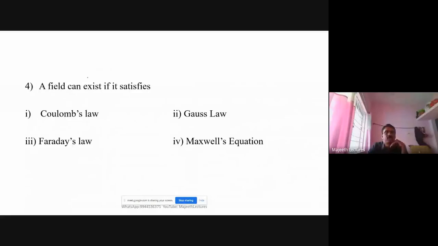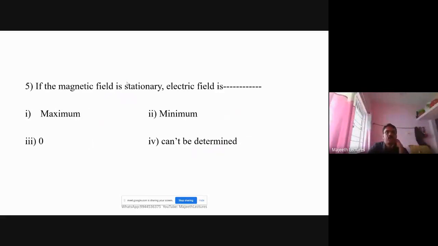Next, a field can exist if it satisfies Coulomb's law? No. Gauss law? No. It has to satisfy all four Maxwell's equations. Gauss law and Faraday's law are part of Maxwell's equations, but for the remaining two we have to include Ampere circuital law and Gauss law for magnetic field. Then only a field will exist. So the answer is Maxwell's equation.